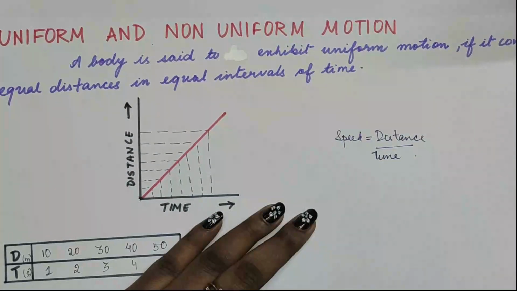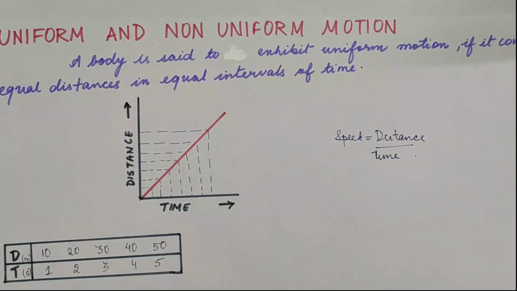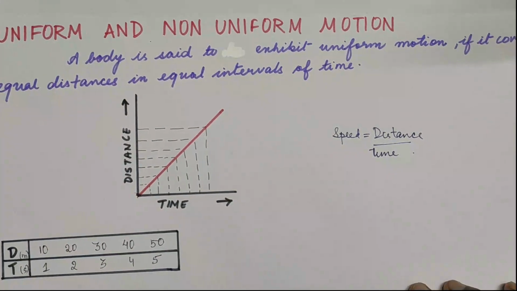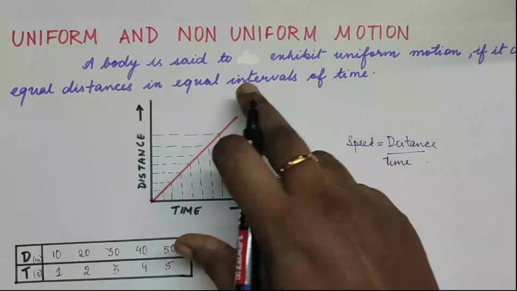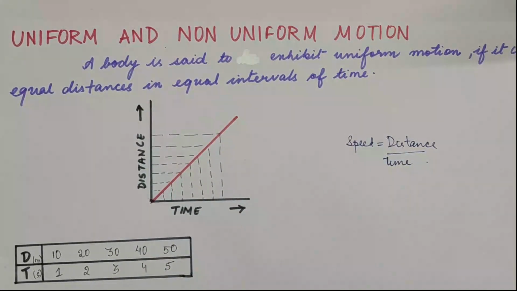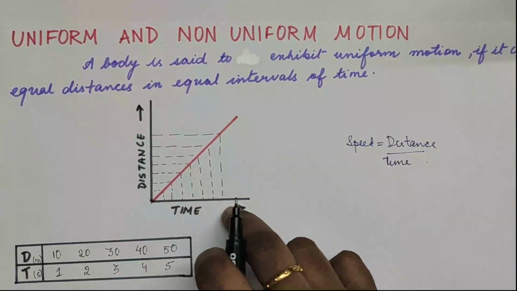When a body has uniform motion, it covers equal distances in equal intervals of time.